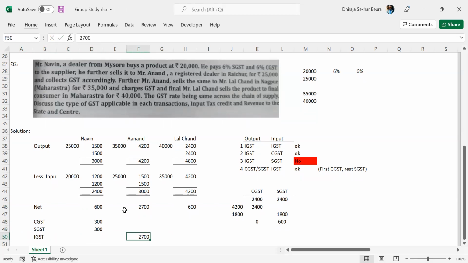Now for Mr. Lalchand, the whole 600 is SGST. So this is center, this is state, and this is center. This is your answer to revenue to the state and center.